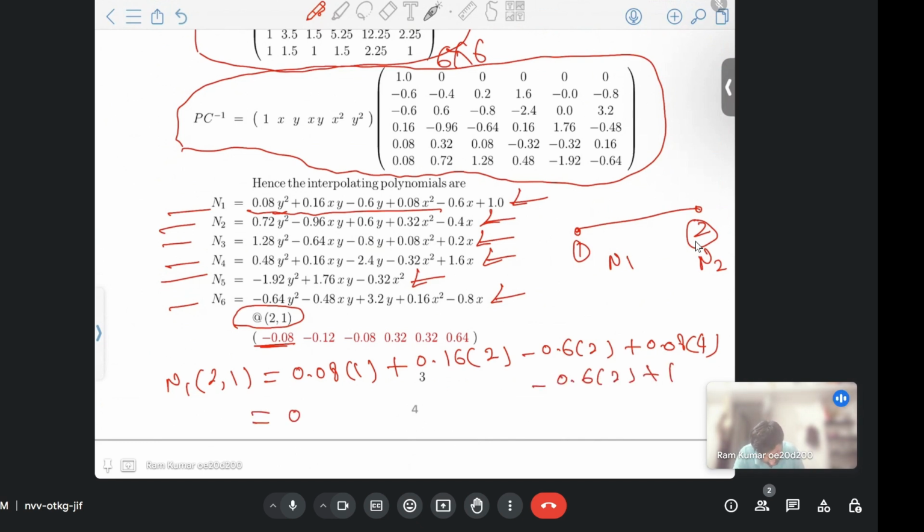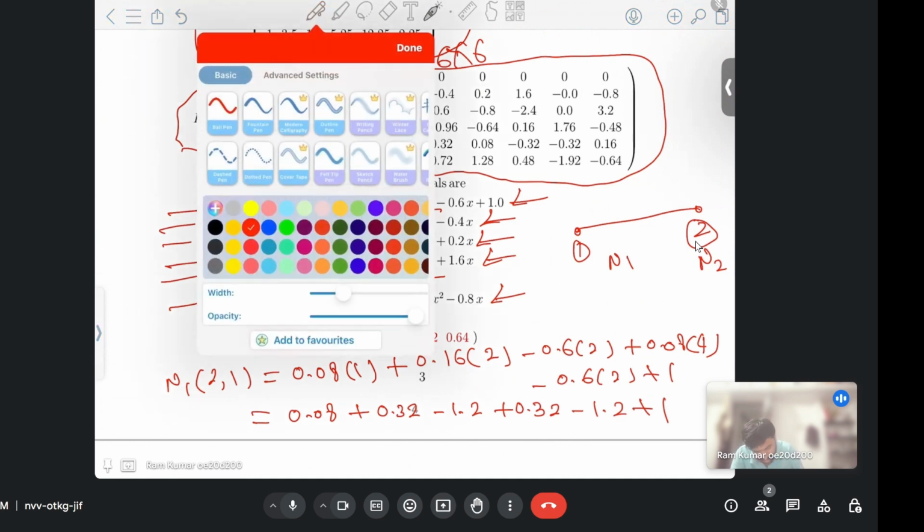So this will be 0.08, then plus 0.32 minus 1.2 plus 1.